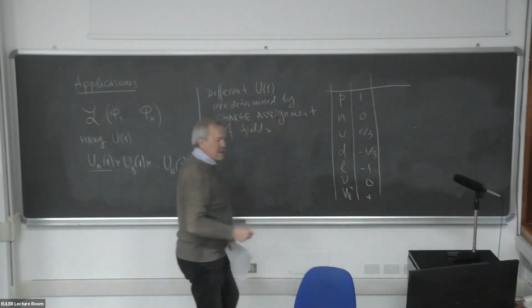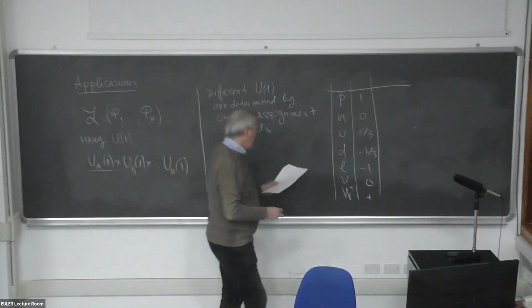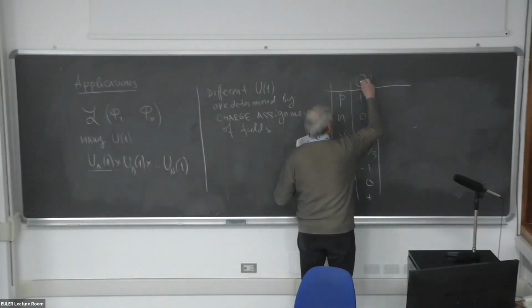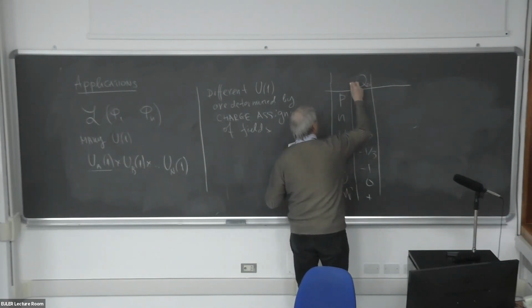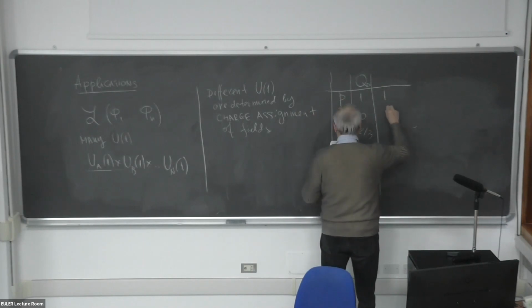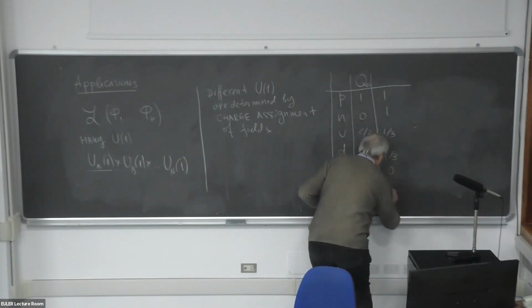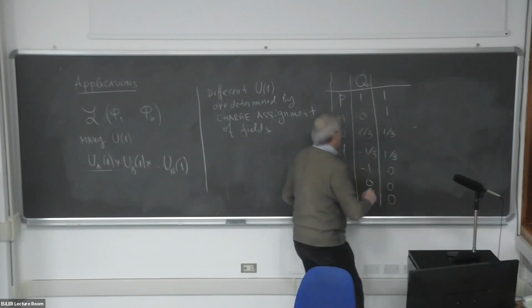So what is this U1 symmetry with these charges? Electric charge. Yeah, so it's U1 which corresponds to electric charge, Q. So we can have the following U1 with the following charge prescription: 1, 1, 1/3, 1/3, 0, 0, 0.